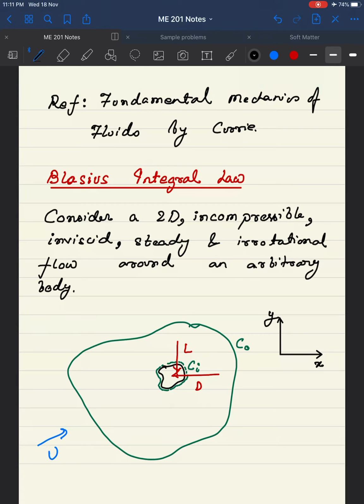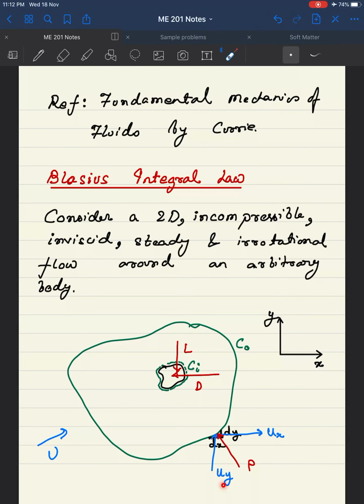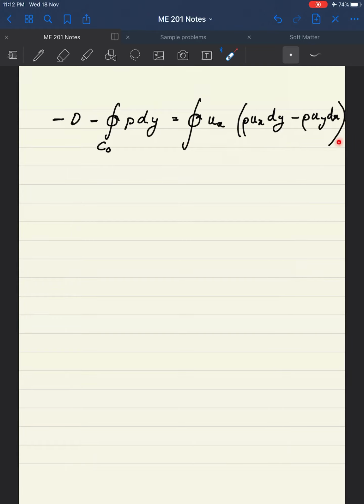looks like. So for the outer contour, which is where it is important, my differential surfaces are such that this is my dy and this is my dx, let's say at a given location, and my ux is in this direction and my uy is in this direction, if I consider all of them to be positive. But my pressure, interestingly, is always pointing inwards. Okay, so once you realize what these directions are, they will end up becoming this particular term.